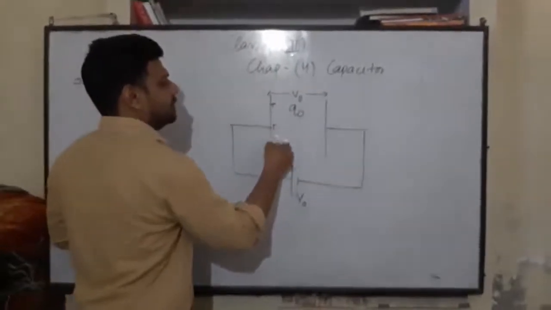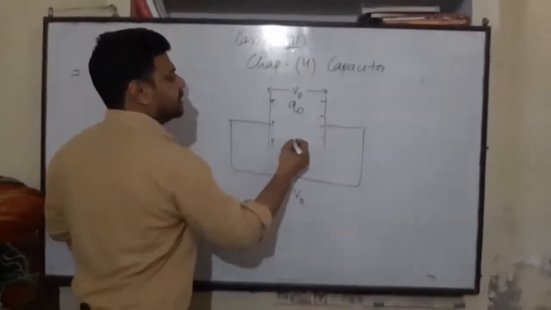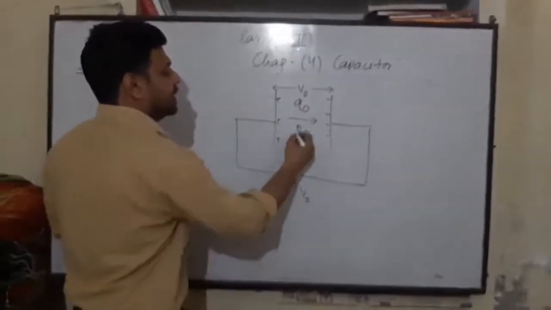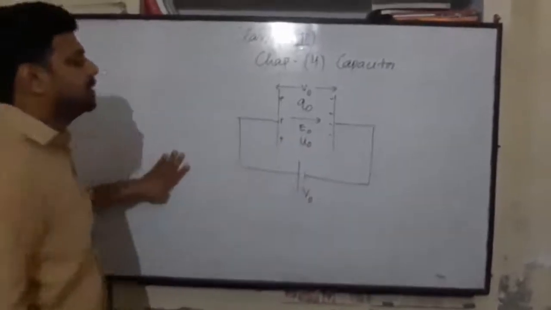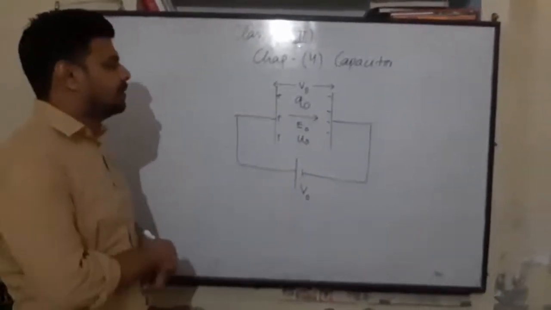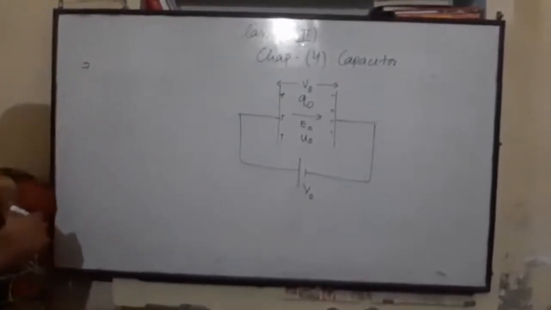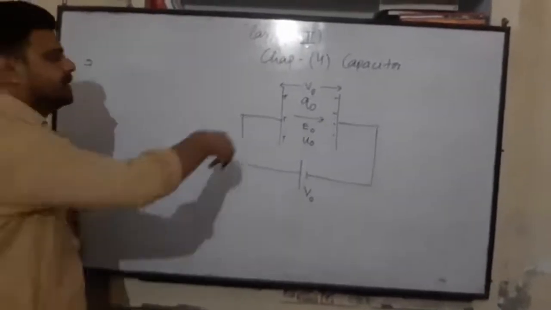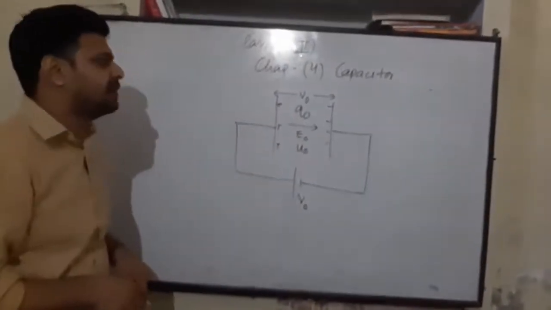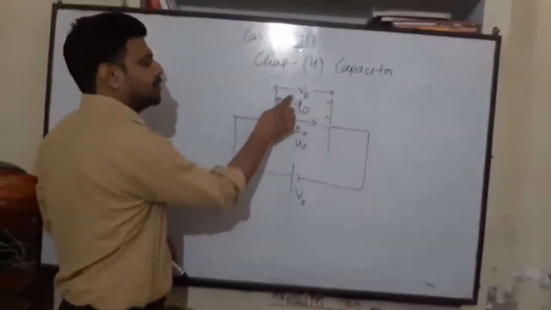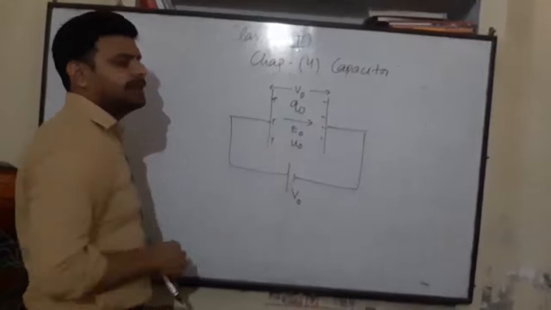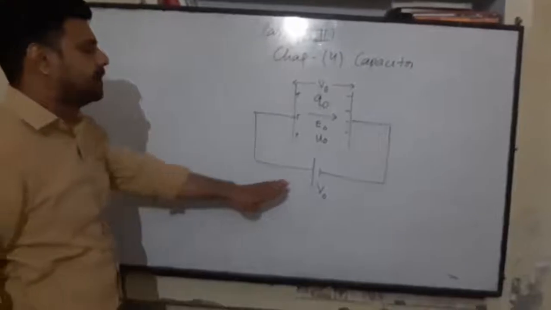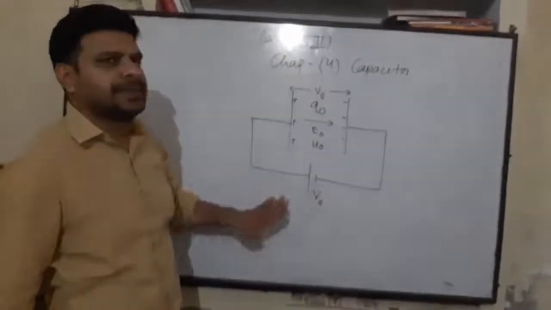The electric field between the plates, directed from positive to negative plate, is E naught, and the energy stored is U naught. Now we have two cases. What will happen to these parameters V naught, Q naught, E naught and U naught if we insert a dielectric slab while the battery remains connected to this capacitor?